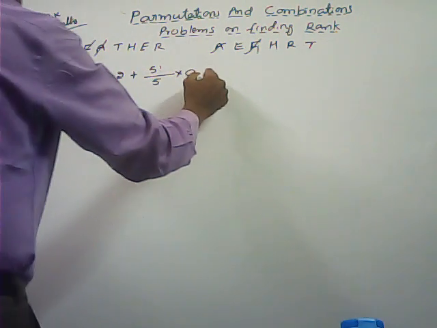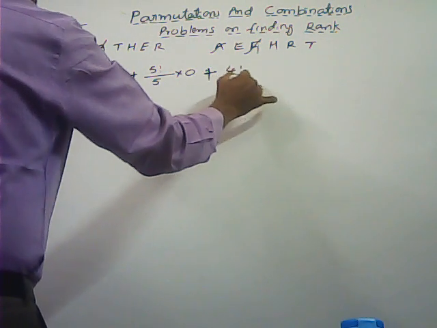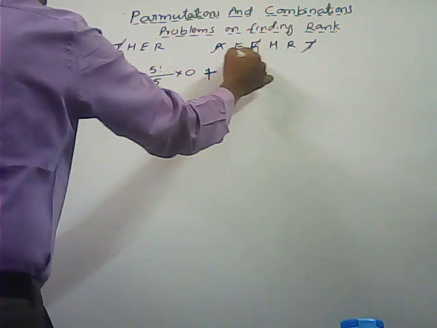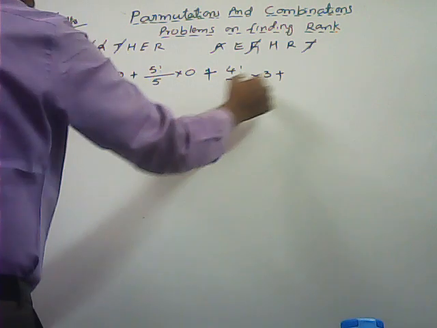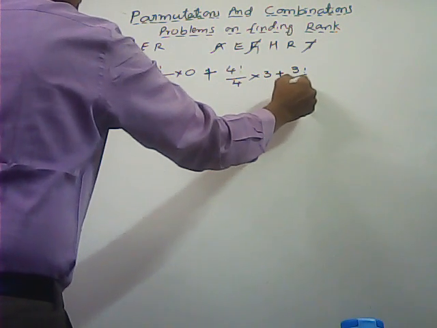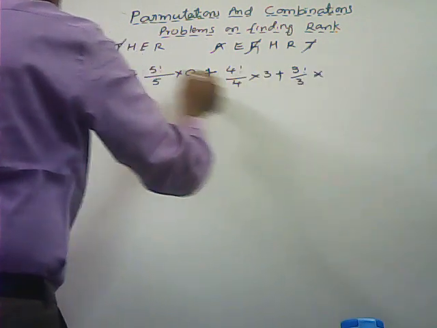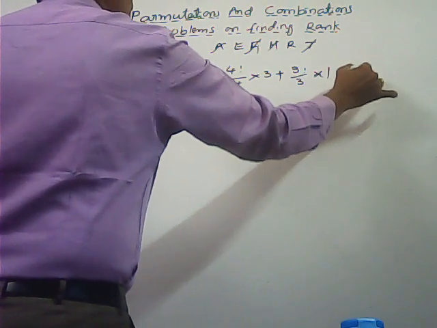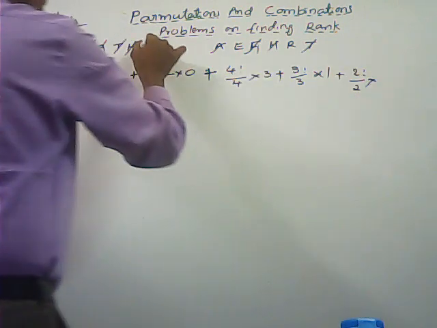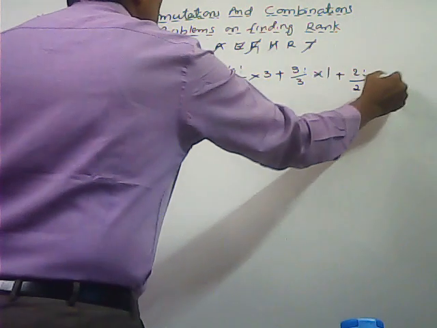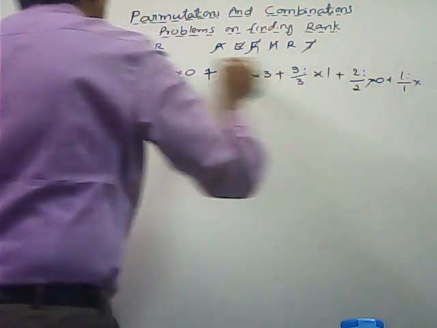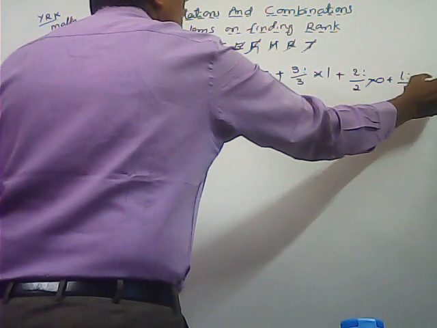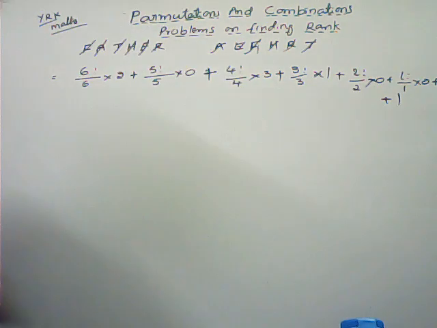Now 4 factorial by 4 letters into, if I cancel T, before T 1, 2, 3 free letters are there, plus 3 factorial by 3 into, if I cancel H, free letter only 1 is there, plus 2 factorial by 2 into, if I cancel E, 0, plus 1 factorial by 1 into, if I cancel R, before R number of free letters 0.